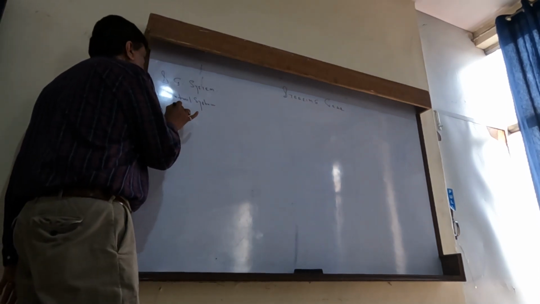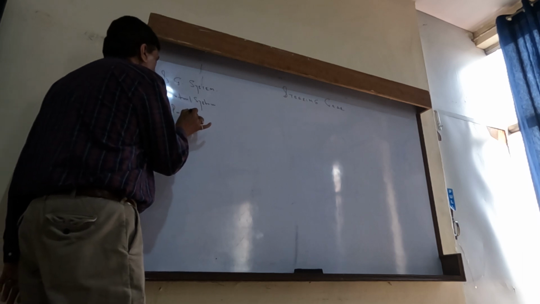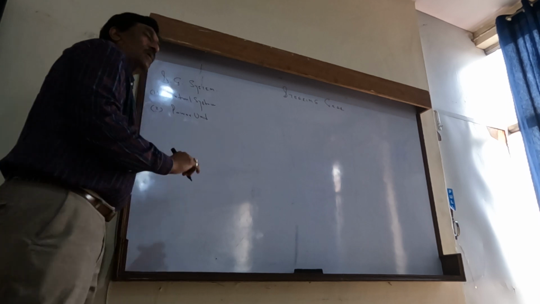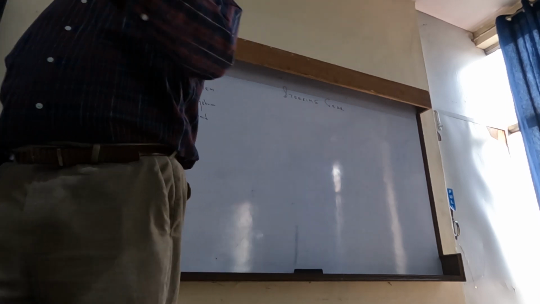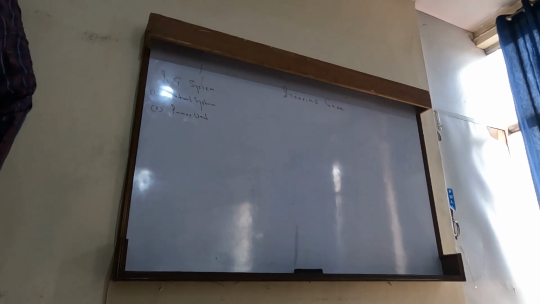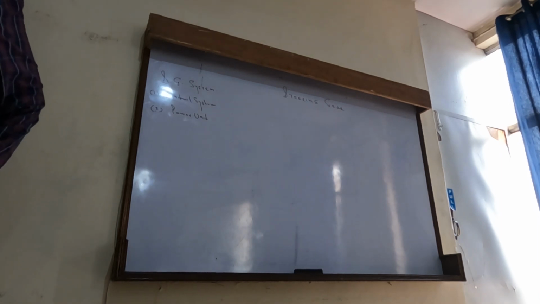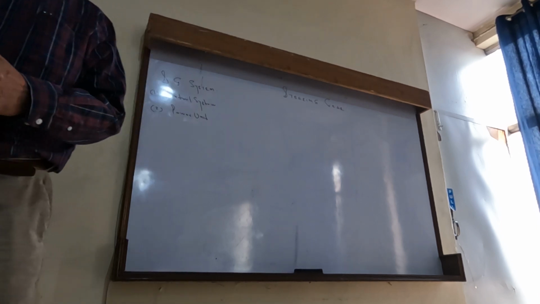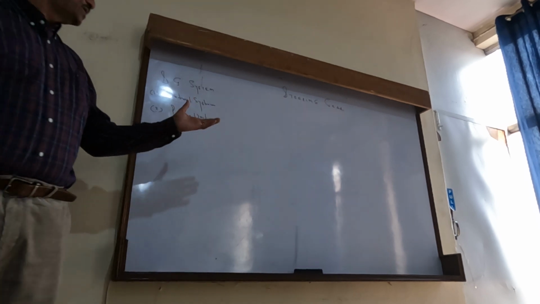Then second is the power unit. Now to move the rudder, we have to move the rudder stock, and therefore quite substantial power is required. We can't move it by hand. Therefore we need some kind of power to move the rudder, and that comprises the power unit.